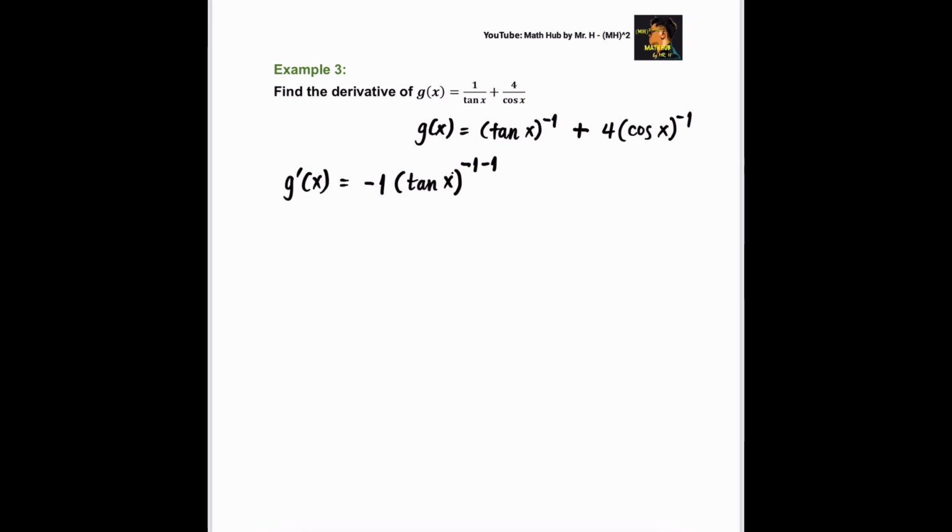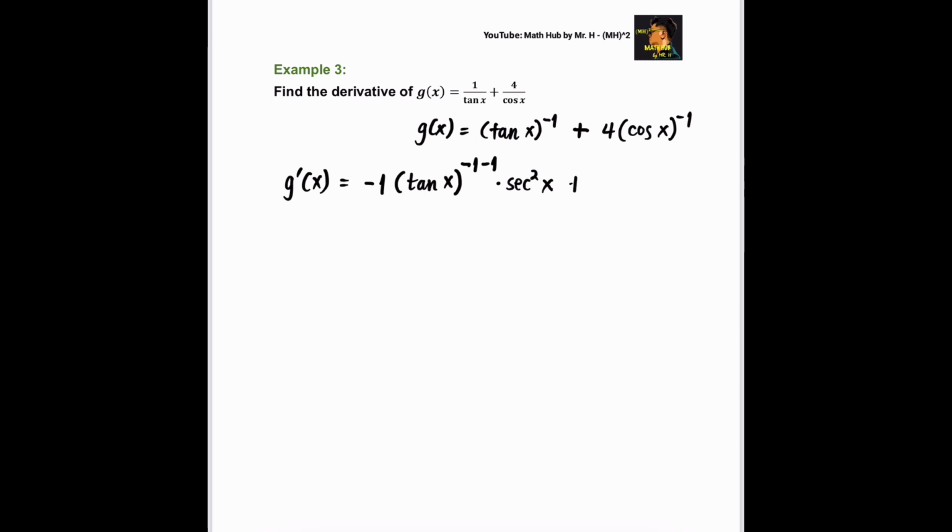And remember the chain rule: the derivative of tangent x is secant squared x. So that's the derivative of the first term.